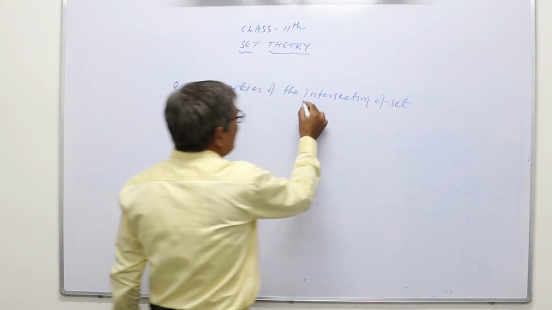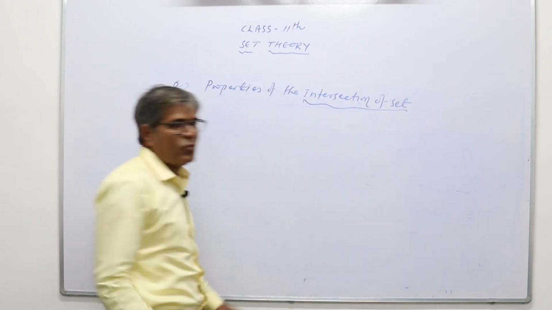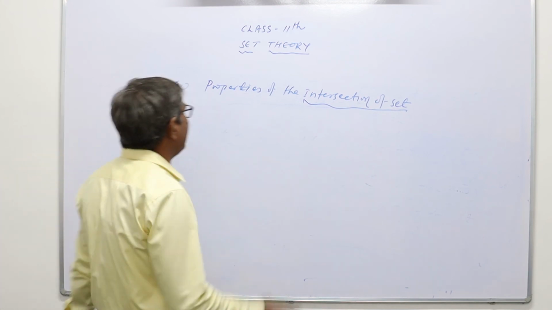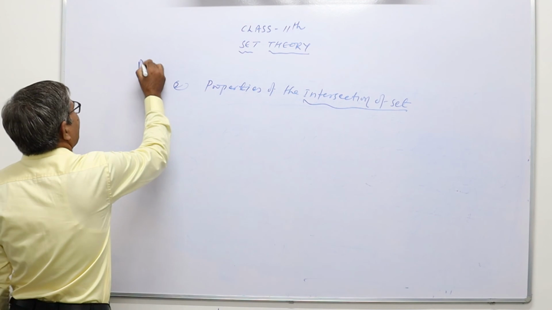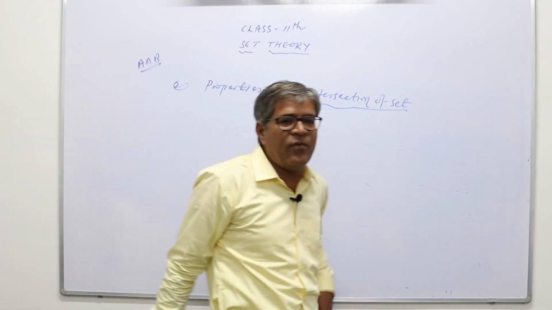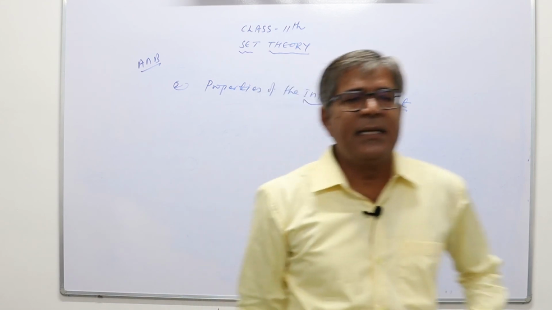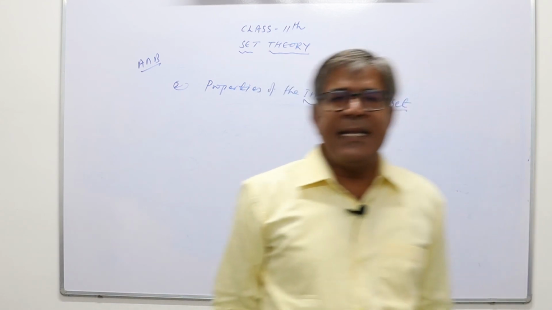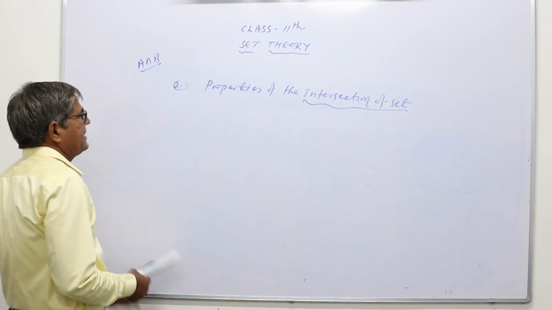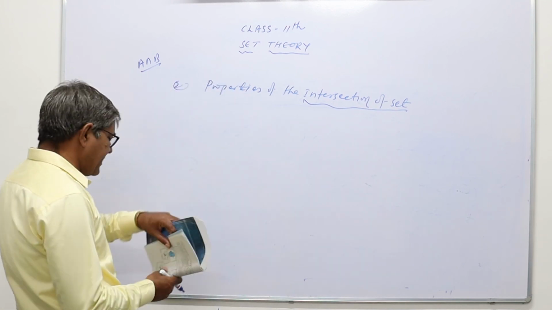What is the intersection of sets? If we have two given sets A and B, then the intersection of A and B is represented by A intersection B, and A intersection B means we have to find a set that is the set of common elements of the given sets. Now the properties of intersection of sets.